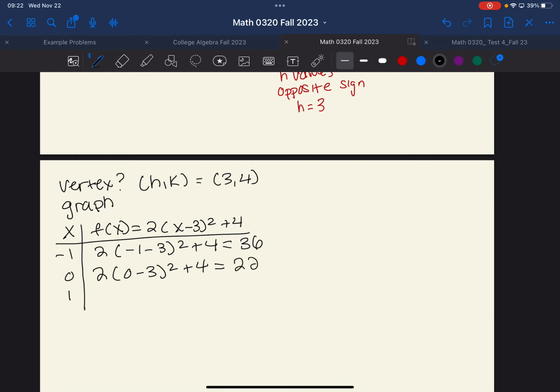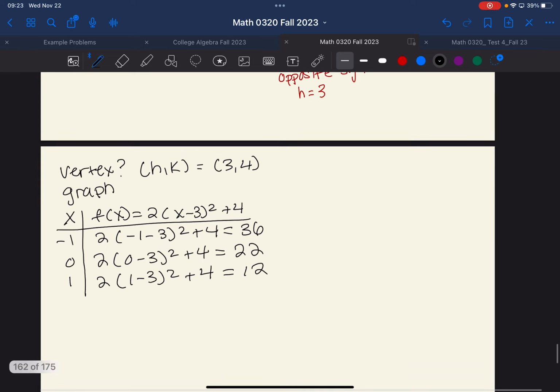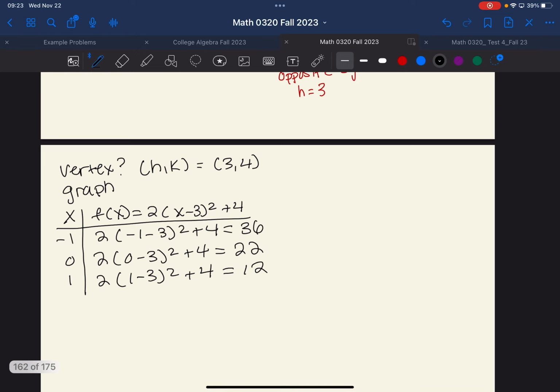Or again, plug it into your calculator. And then next, I am plugging in 1. So I got 1 minus 3, which is -2. -2 squared, which is 4. 4 times 2 is 8. 8 plus 4 is 12. Okay. So technically, I have 4 points I can plot here.